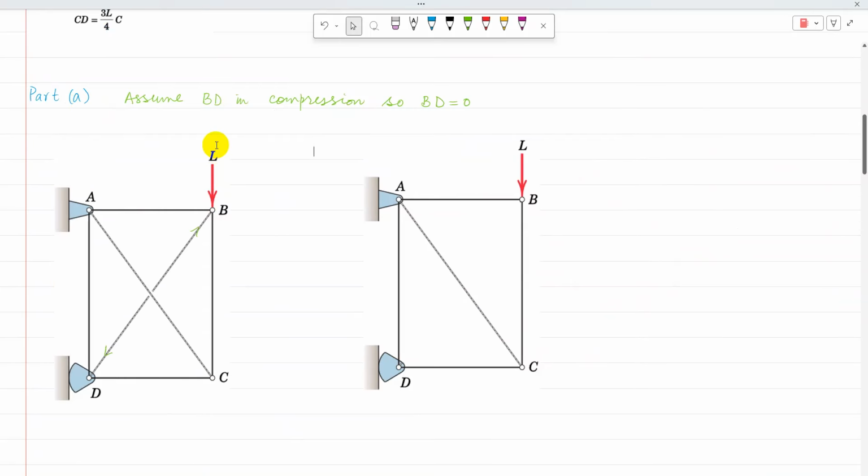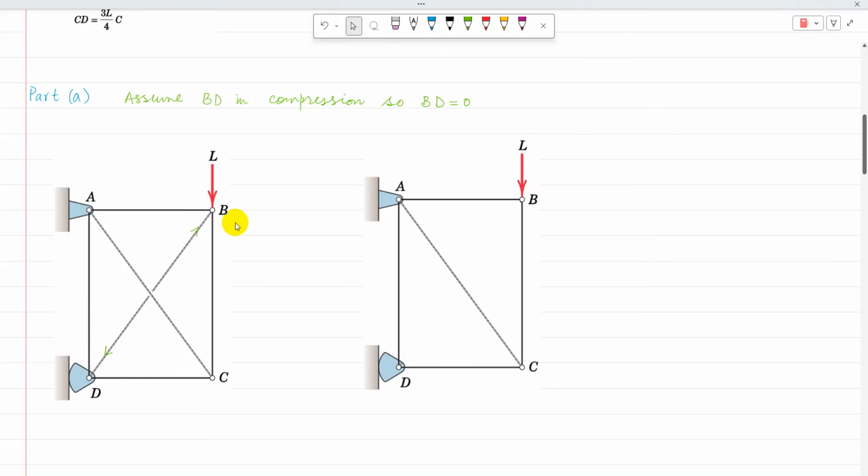In part A, when the load is applied at point B, this load is going to act vertically downward. So BD would be in compression to support that load.